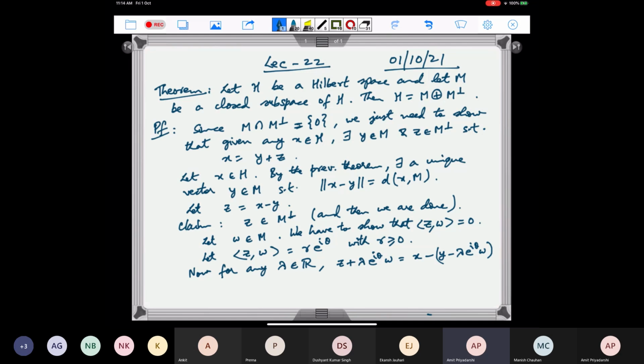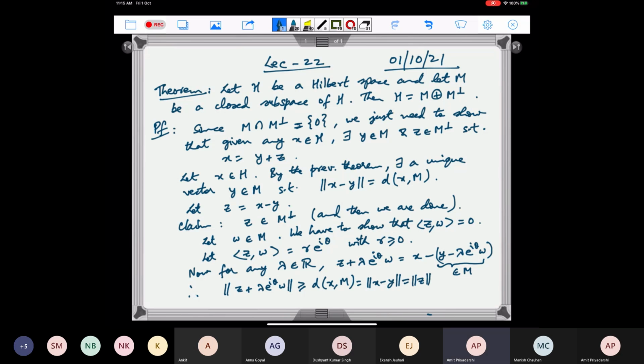And y was also in M. So this y plus lambda e to the i theta w is an element of M. So this vector is equal to x minus a vector in M. So if I look at the norm of this, z plus lambda e to the i theta w, this has to be bigger than or equal to the distance of x to M, because this is the distance of x to a vector in M. And the distance of x to M is equal to norm of x minus y, which is norm of z.